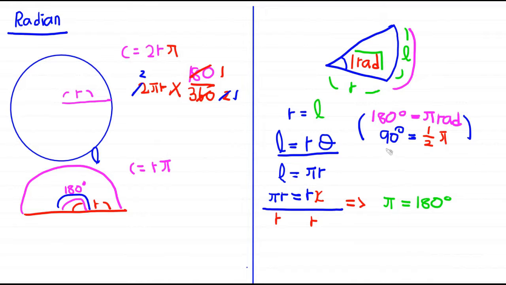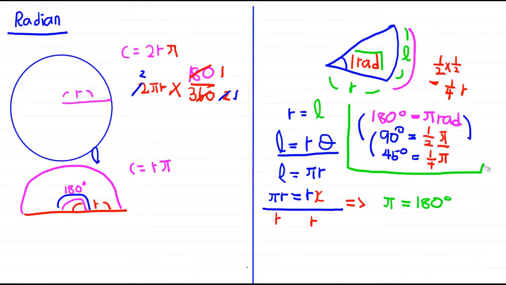And what about 45 degrees? 45 degrees is half of 90 degrees, so it is 1 over 2 times 1 over 2, which is 1 over 4, so 1 over 4 times pi radians. We practiced some questions converting degrees into radians, and these are the relationships between degrees and radians.